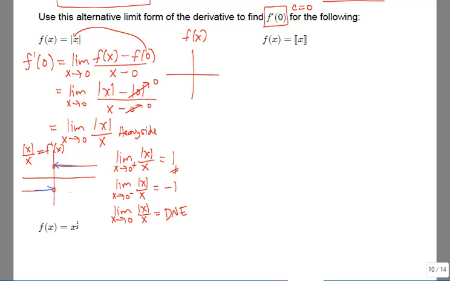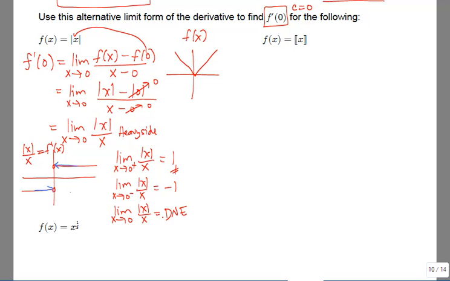And you should know what that graph looks like as well. That's just a great big V centered at the origin. So what characteristic of this graph could we have looked for to predict that there wouldn't have been a derivative at 0? What is happening at 0 on this graph that tells me that there's not going to be a derivative at 0?